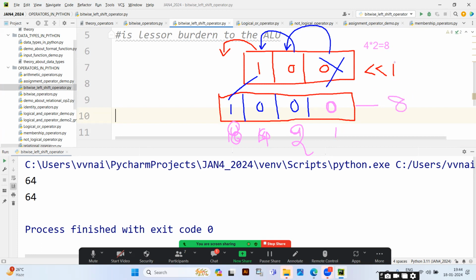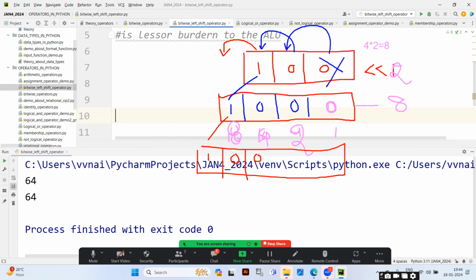If you perform the left shift 2 times, again this particular value is going to shift to here. Yes or no? This 0 will come to here.